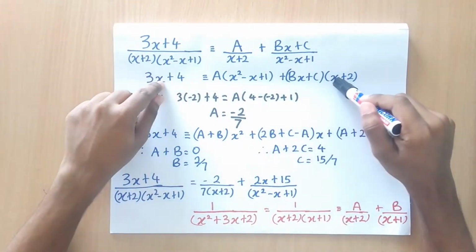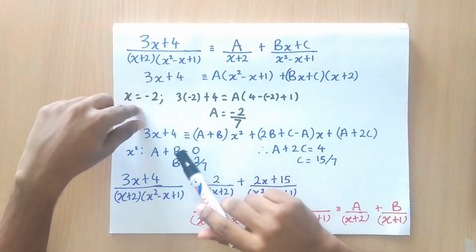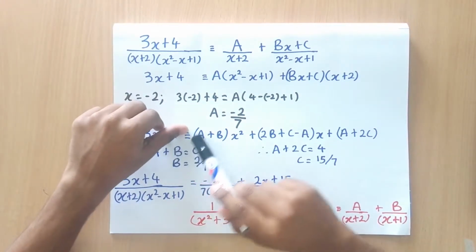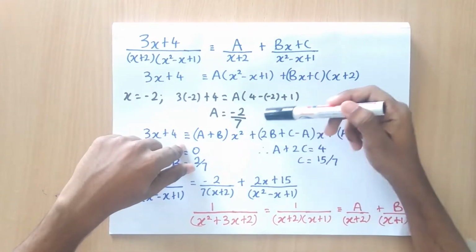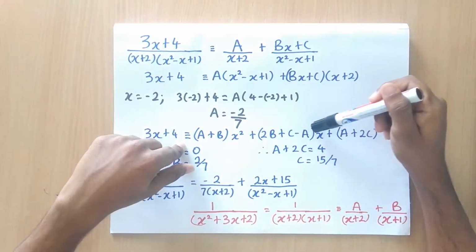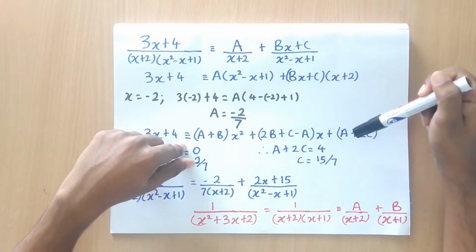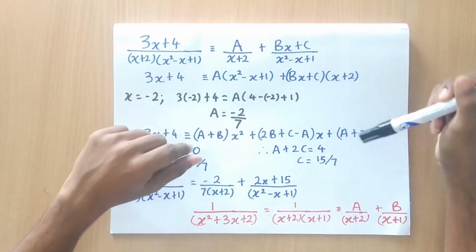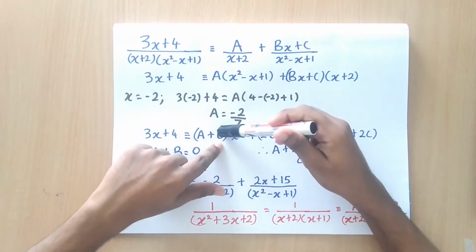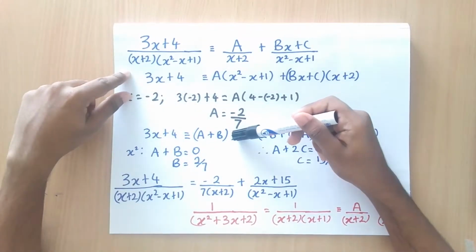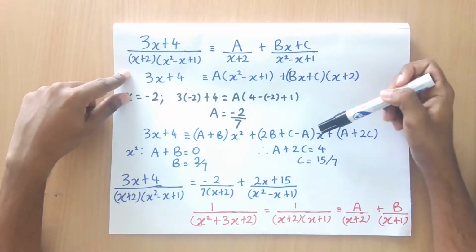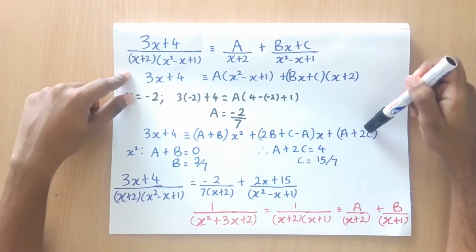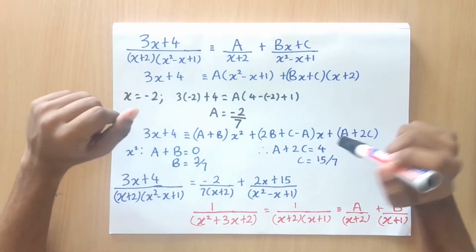We open this bracket and rearrange to get 3x plus 4 equals a plus b into x squared plus 2b plus c minus a into x plus a plus 2c. Here, a plus b is the coefficient of x squared. 2b plus c minus a is the coefficient of x and a plus 2c is the constant.